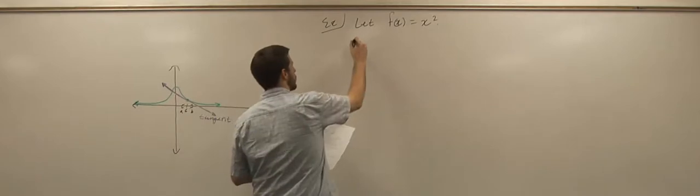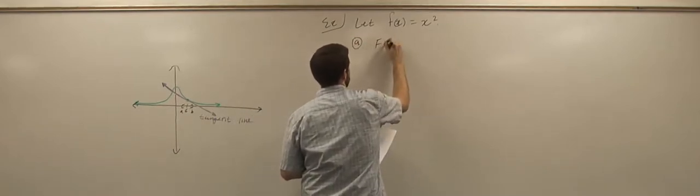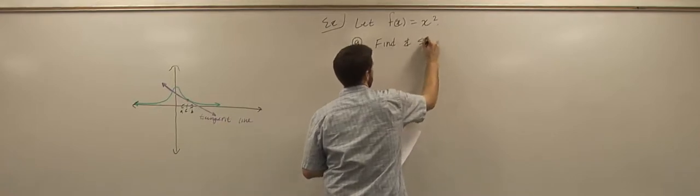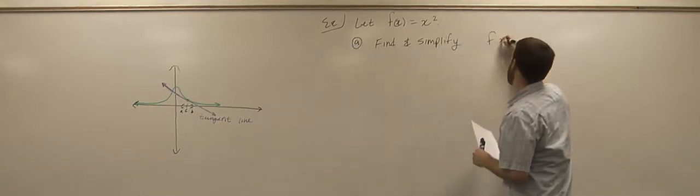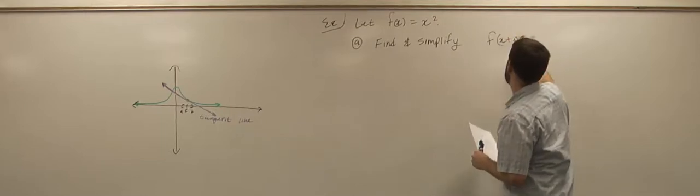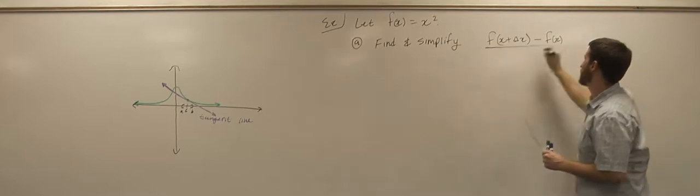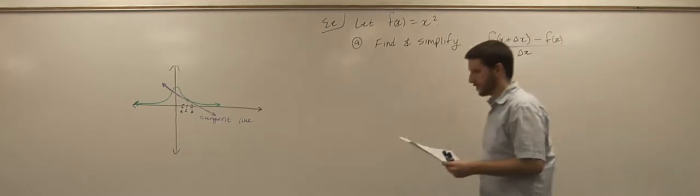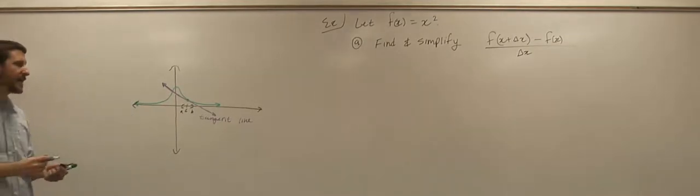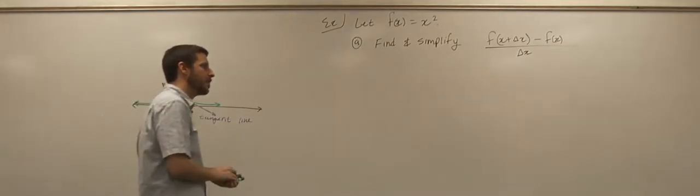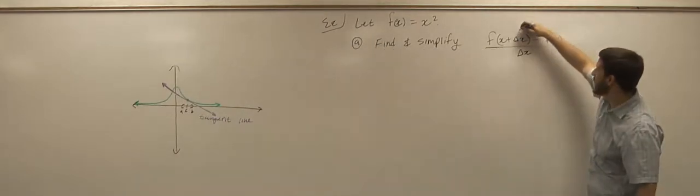First thing I want you to do: find and simplify f of x plus delta x minus f of x, divided by delta x. In this context, delta x itself is supposed to be a variable, and it represents a small change in x.